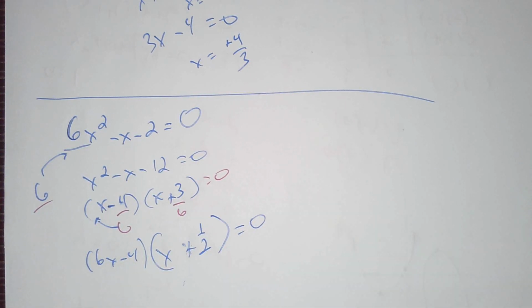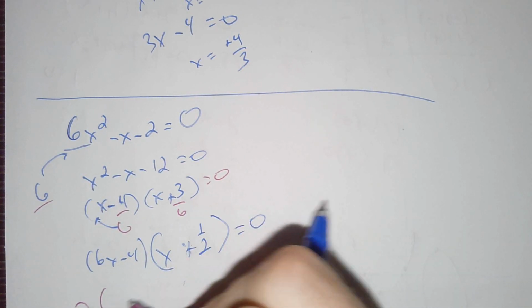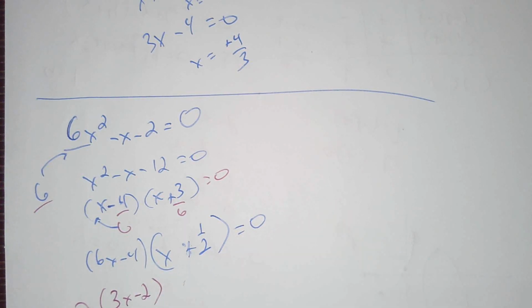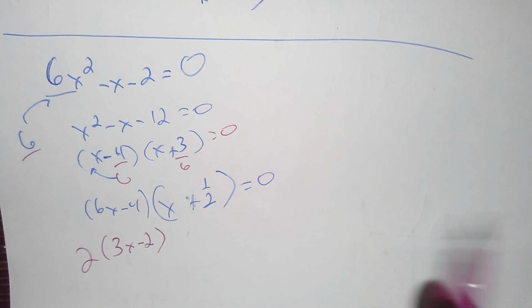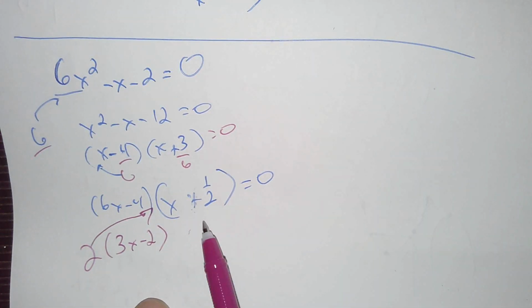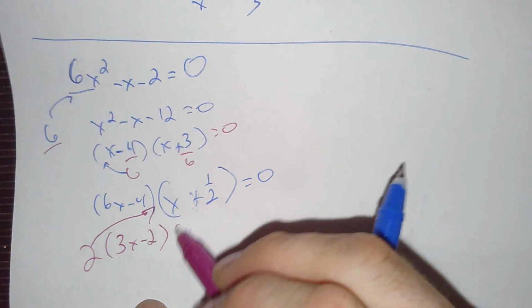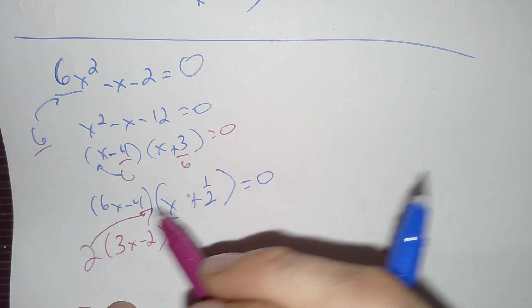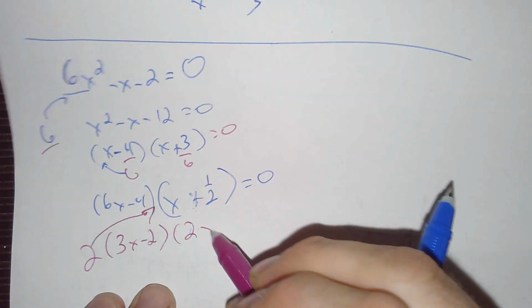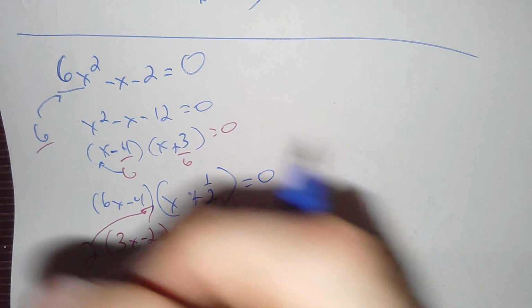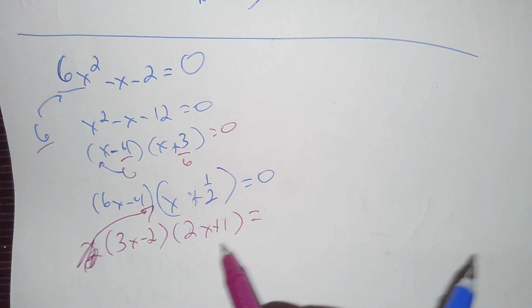So if I take this 2 out, I'm going to get 2 times 3x minus 2, and watch what happens when I take this 2 and multiply it by that. I took it out of this and I'm going to put it in that because they're all factors and they're all multiplied together. So it's going to be 2x plus 1. That equals 0.